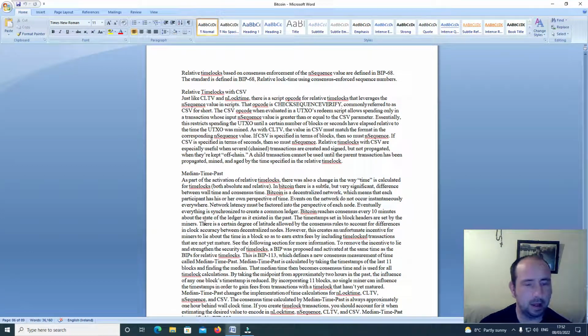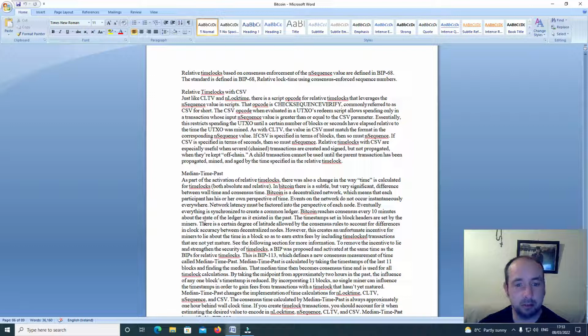Relative time locks based on consensus enforcement of the nSequence value are defined in BIP68, Relative lock-time using consensus-enforced sequence numbers.